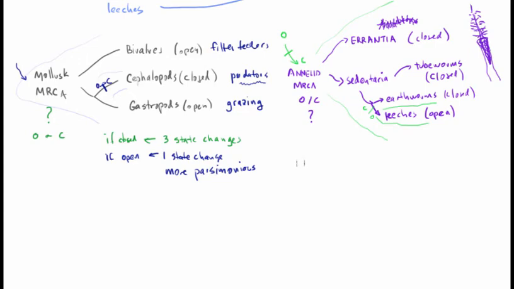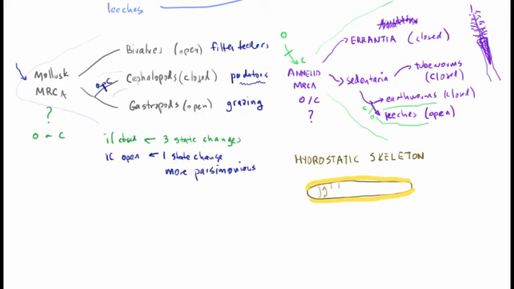And so you might remember from an earlier lecture, we talked about the coelomic space as having a function as a hydrostatic skeleton. Remember that? The muscular walls of the worm have to push on something in order to make the worm move. And so having this enclosed space in the body of the worm, which is otherwise a pretty muscular wall, needs to be able to compress the space, causing the worm to either extend, make it longer.